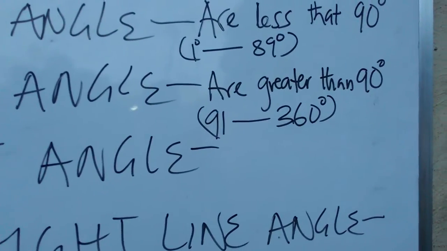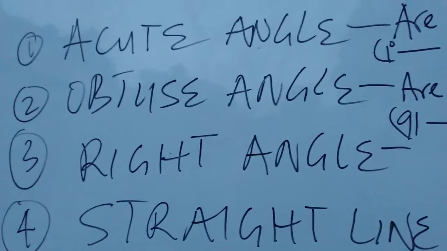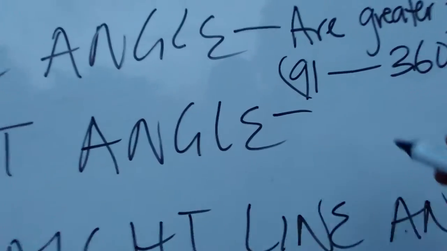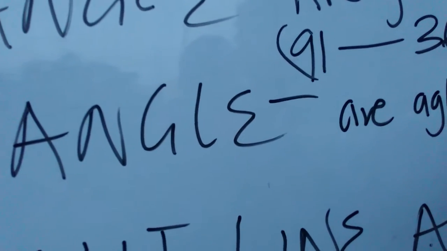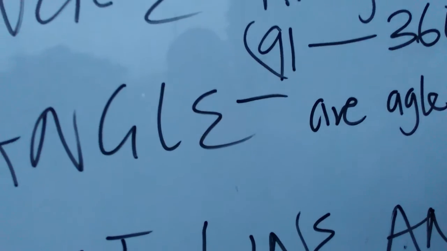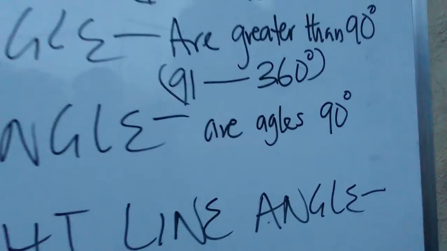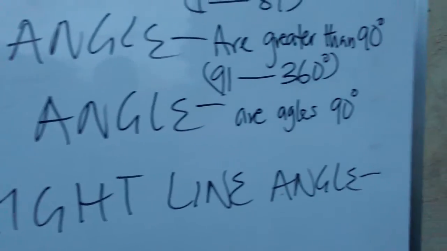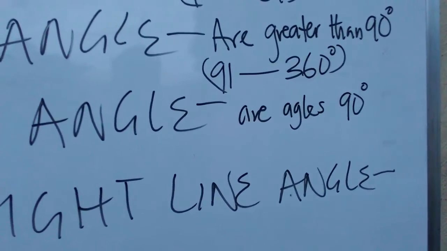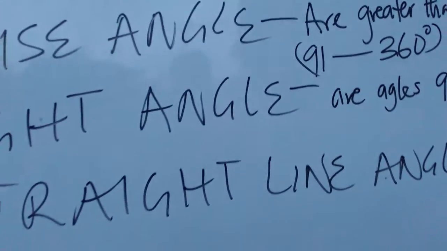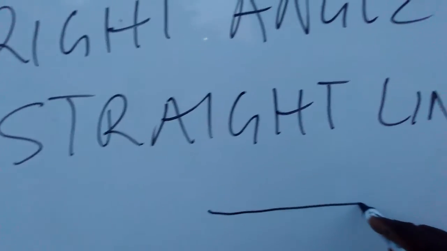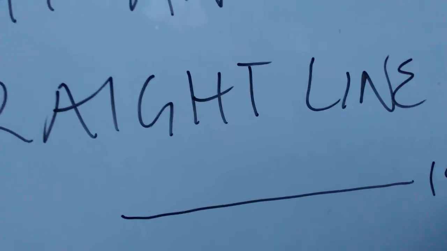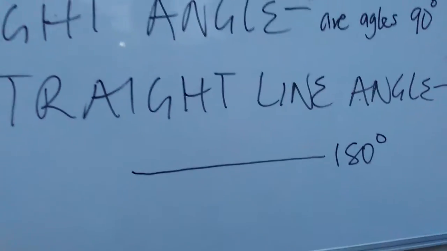Those angles are obtuse angles. Then the right angles are angles that are 90 degrees only. That is the right angle. They are 90 degrees. Then the straight line angle is just an angle that is 180 degrees. This is a straight line angle.